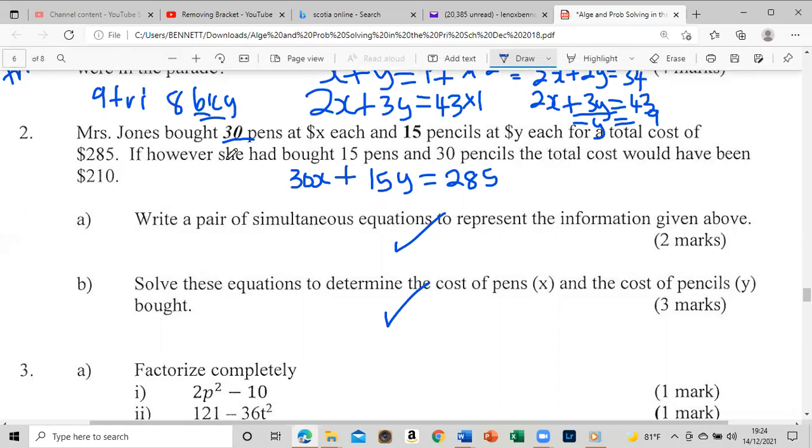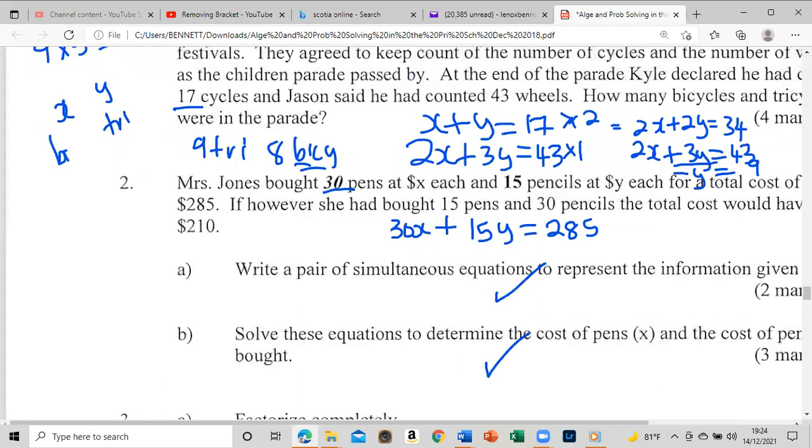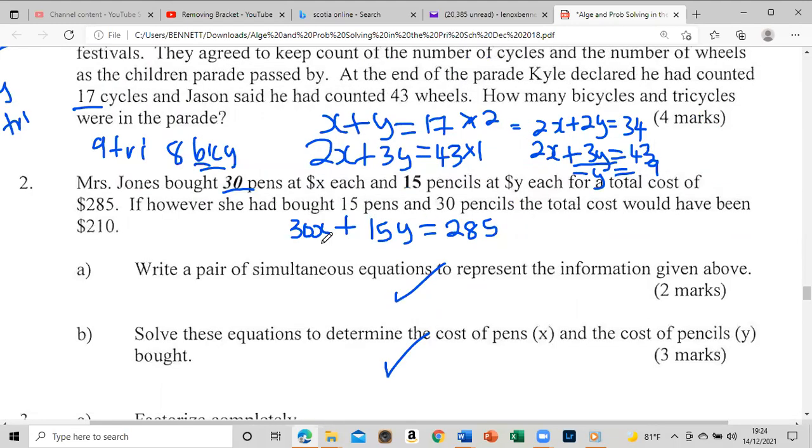However, if he had bought 15 pens plus 30 pencils, so you just turn it around, the cost would have been $2.10.